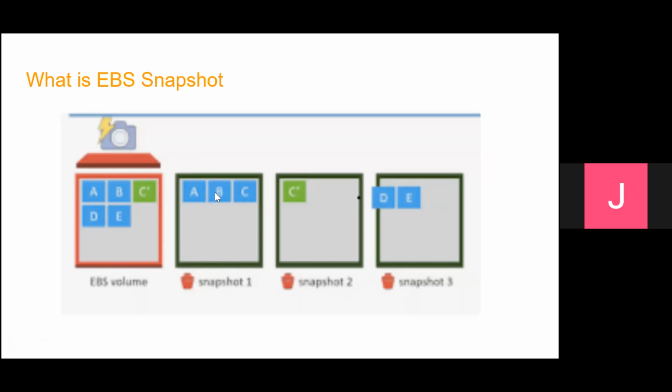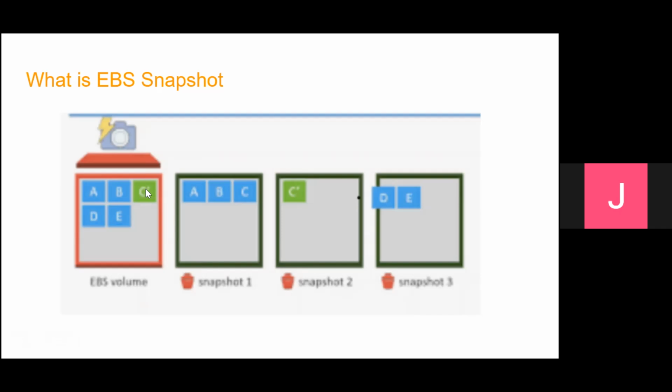Now somebody went ahead and made some update. Because of that, there was an update in this C box, so from blue it converted to green, or C dash. Now when you go ahead and take the snapshot, what EBS or AWS does is it only creates the snapshot of the changed block. Do you see this snapshot 2? Snapshot 1 was the original when all three were blue, with A, B, C. Now I made some changes to the file, the file became C dash, so I went ahead and took another snapshot.